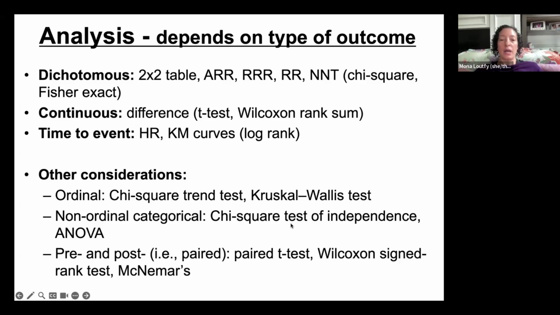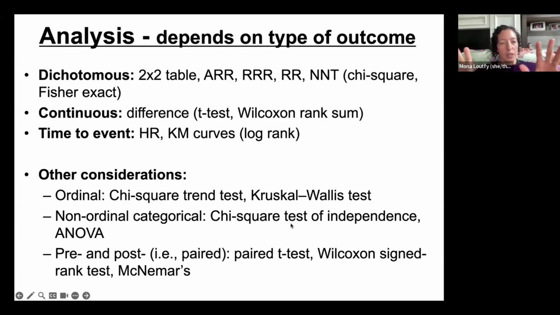The statistical test used to compare medians is called Wilcoxon rank sum. For time to event, we report hazard ratio or Kaplan-Meier curves, and the statistical test is called log rank.